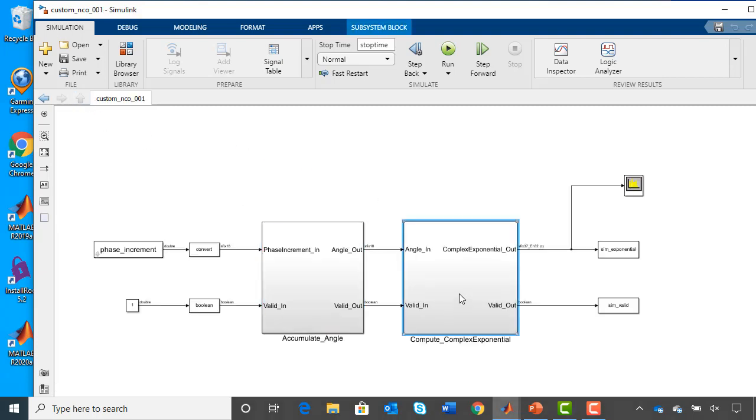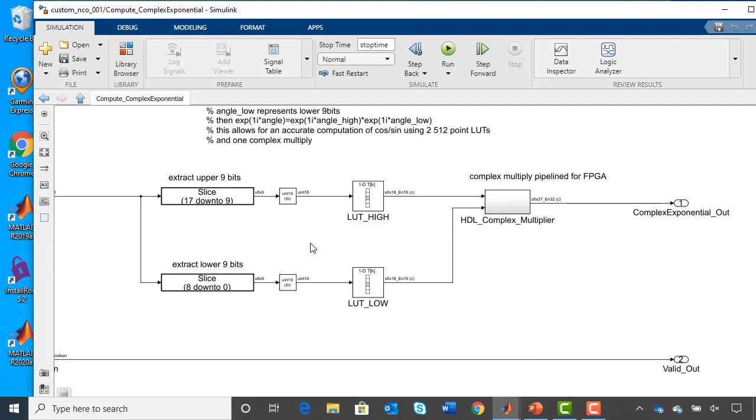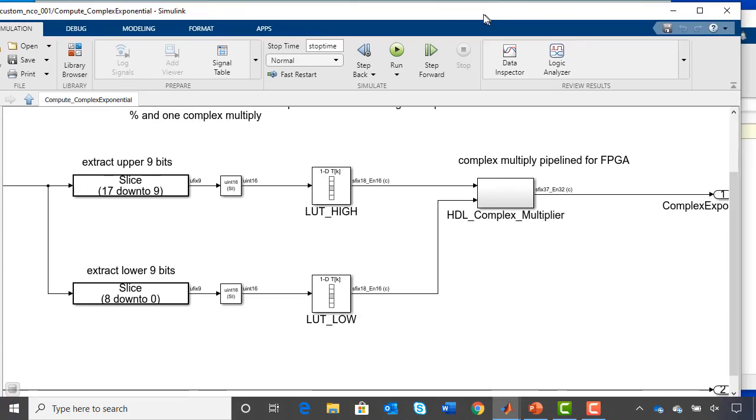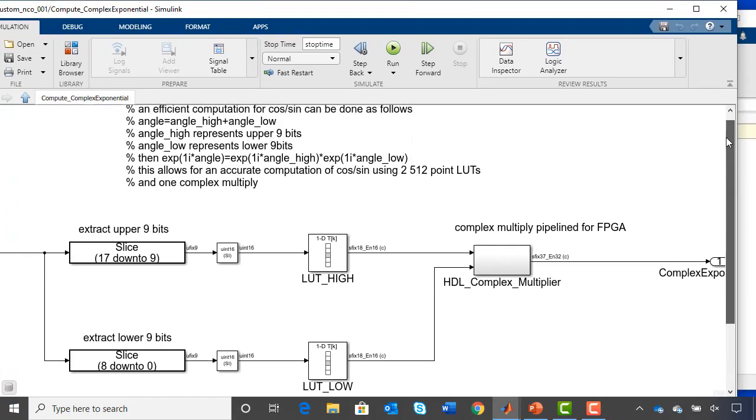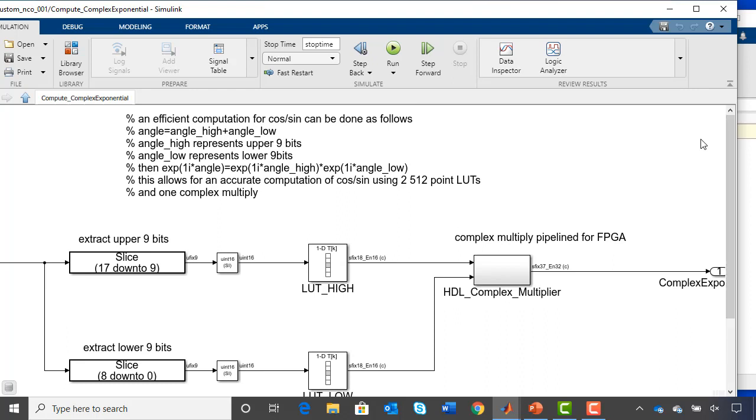The other nice thing about this particular example is it uses a 2 lookup table technique to get a really high degree of accuracy. So for example, if you're trying to compute cosine sine of an 18-bit angle, instead of using a 12-bit lookup table and trying to do dither, what you can do is have just 2 9-bit lookup tables.